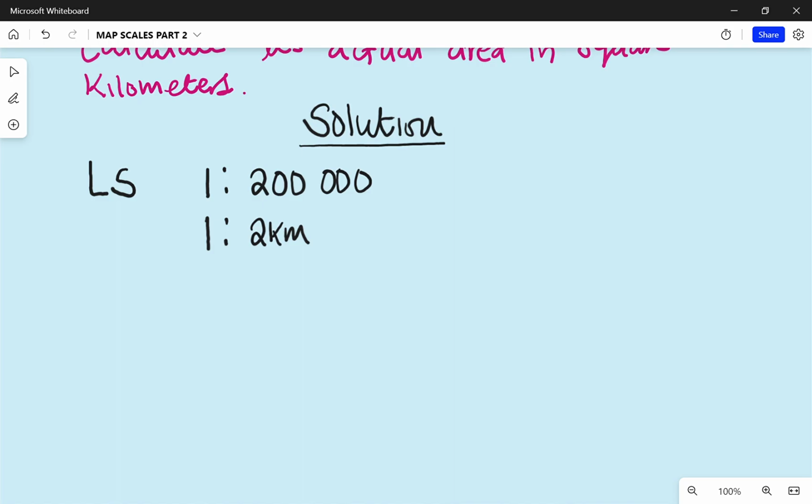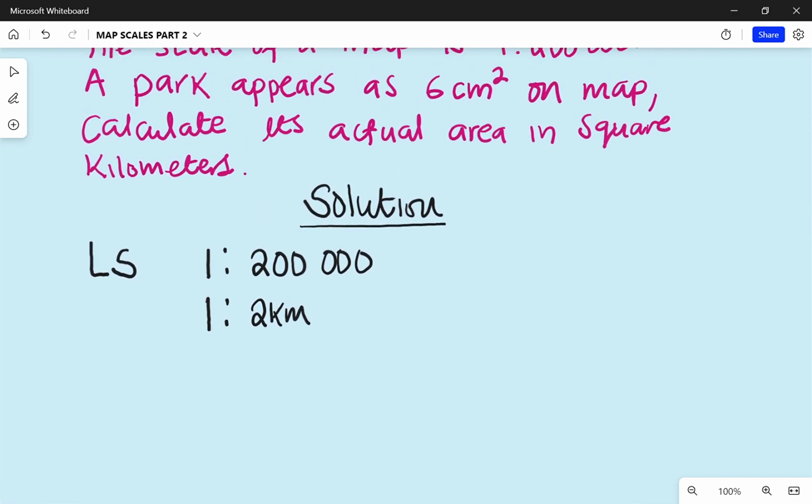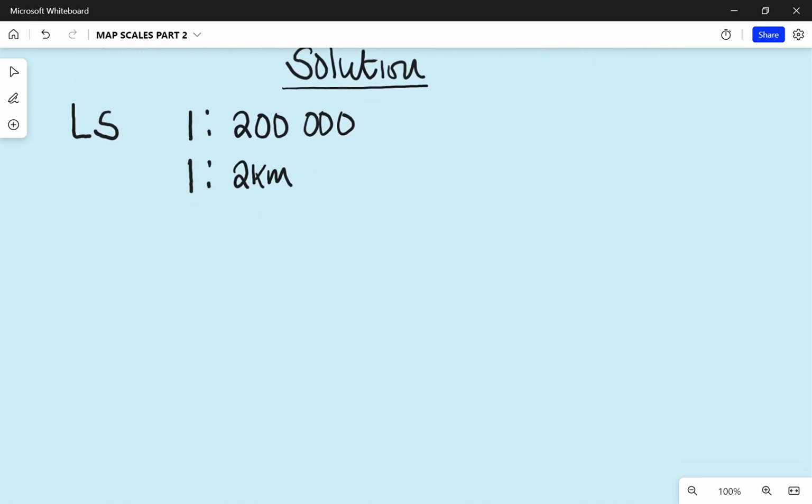For me to convert this into an area scale, because the question says find the actual area, I need to use an area scale. I can't use a linear scale. As it stands, this 1 to 2 kilometers is a linear scale, so I have to change it into an area scale. How do I do that? It's very simple. I just need to square this linear scale.